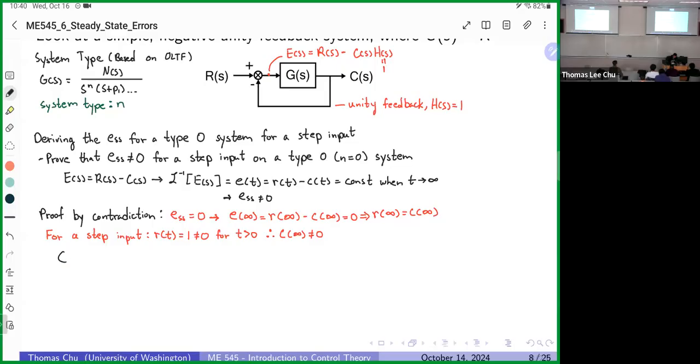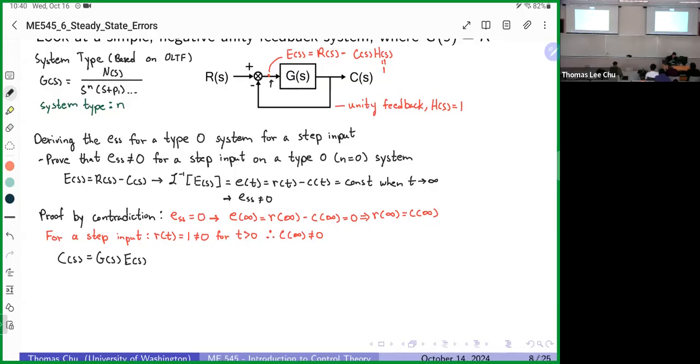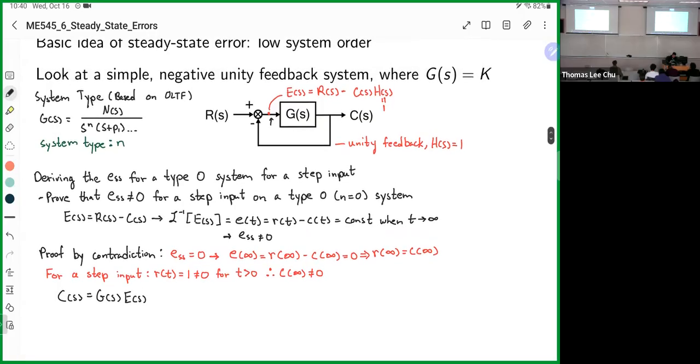Now, if we look at our output, C of S is equal to G of S multiplied by E of S because our input source is here. And when we look at our system, I forgot to mention, our system here is just a simple gain system, a gain of k. It's a type zero system, and it's just a gain.